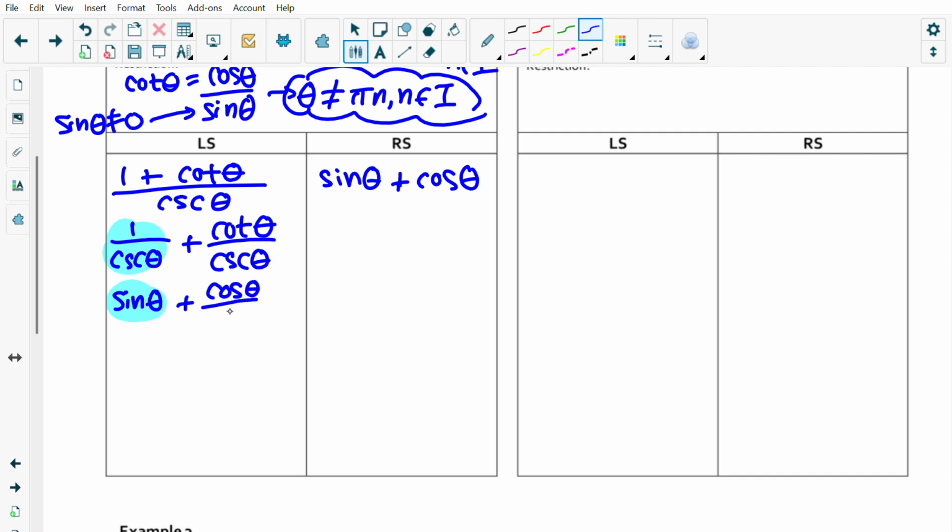So cotangent of theta is cosine of theta divided by sine of theta, divided by 1 over sine of theta. Okay, two more identities I've used: cotangent of theta as a quotient identity, and then cosecant of theta again as a reciprocal identity.